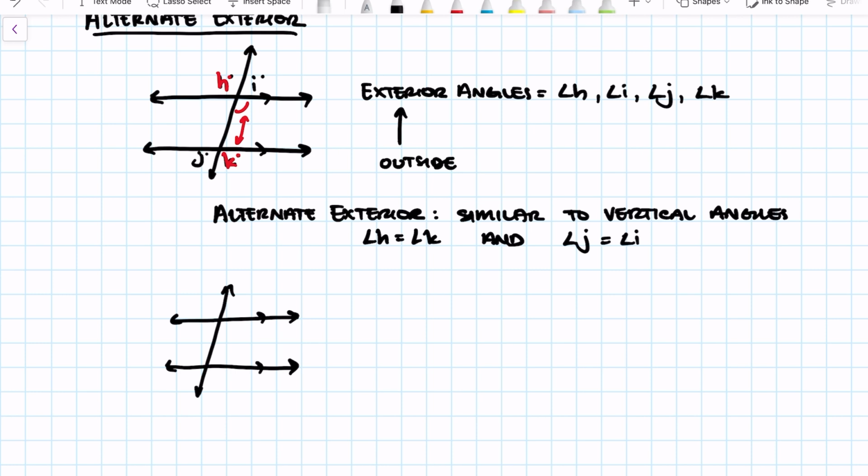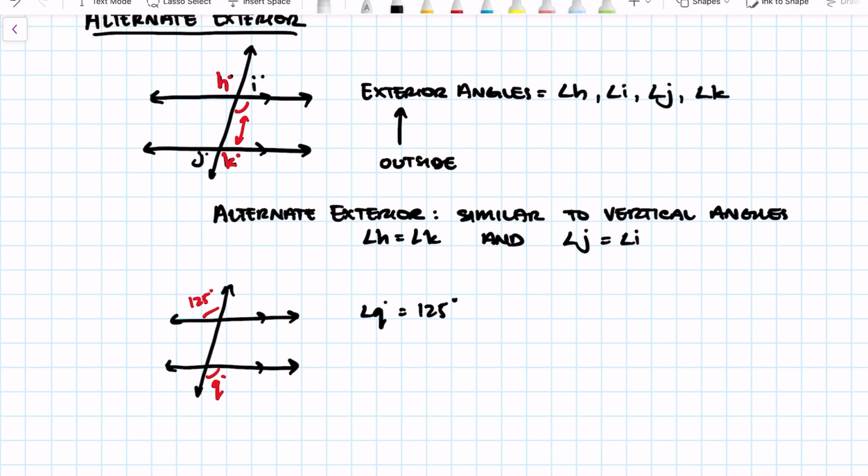And then let's say that this angle right here is going to be 125 degrees. What would angle Q be? And you probably would have guessed that angle Q is equal to 125 degrees because they're the same. All right, so that's the rule that we are going to use in this case.